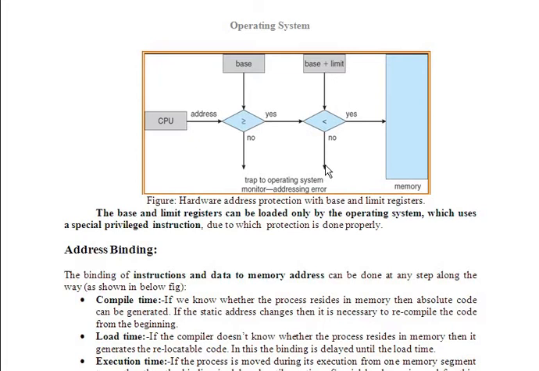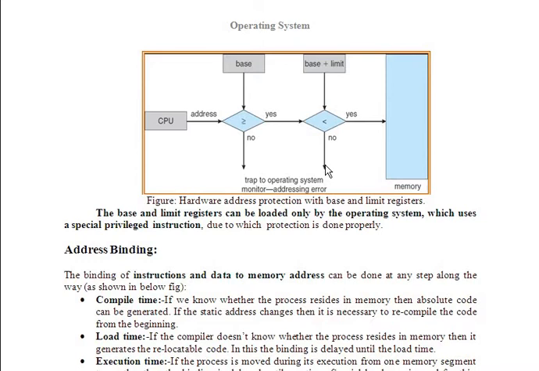Usually the base and limit registers are loaded by the operating system itself. As we all know, the operating system always works in kernel mode, so it is not possible for anybody or any process to tamper with things addressed in kernel mode.